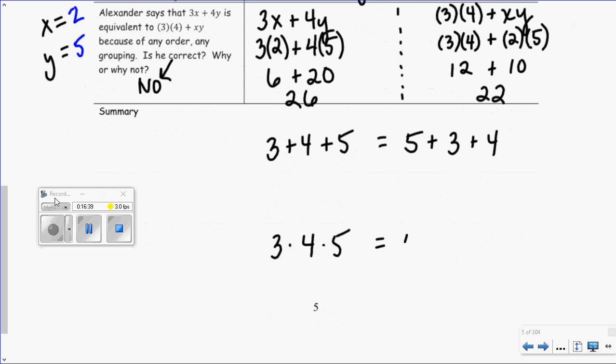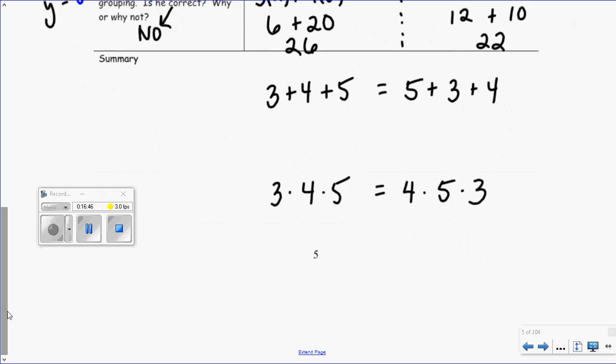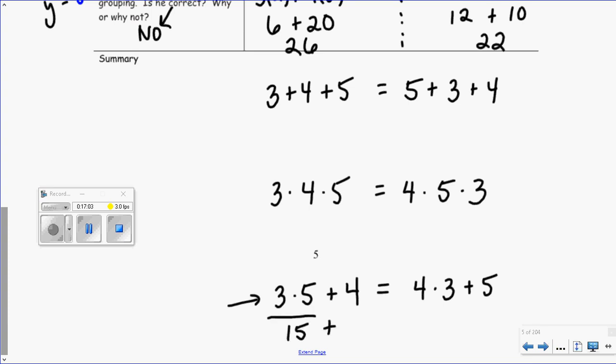That's the same as 4 times 5 times 3, so I can mix those numbers up. But once I make different terms here, like if I do 3 times 5 plus 4, that is not the same as 4 times 3 plus 5, okay? Because this comes up with 2 different terms. That would be 15 plus 4, and this one would be 12 plus 15. And those aren't the same answers.